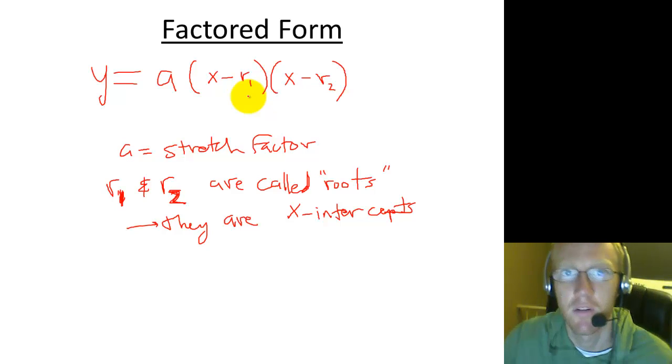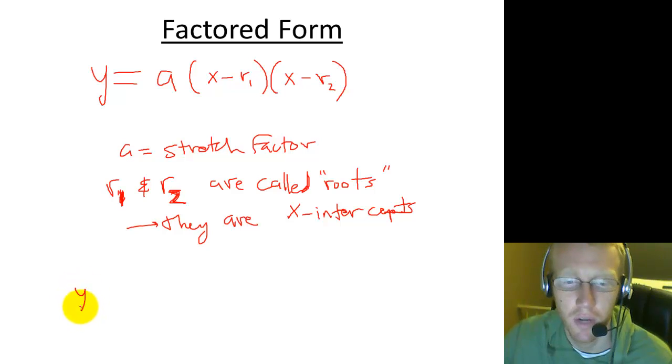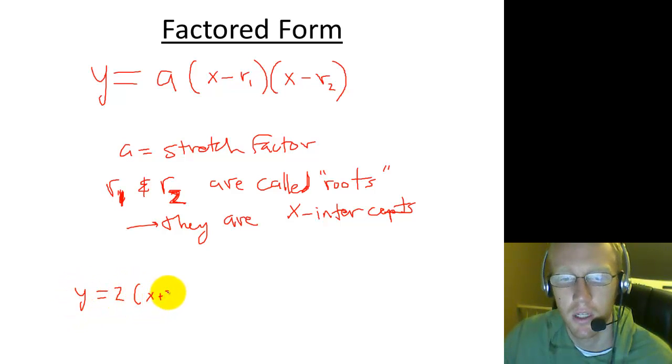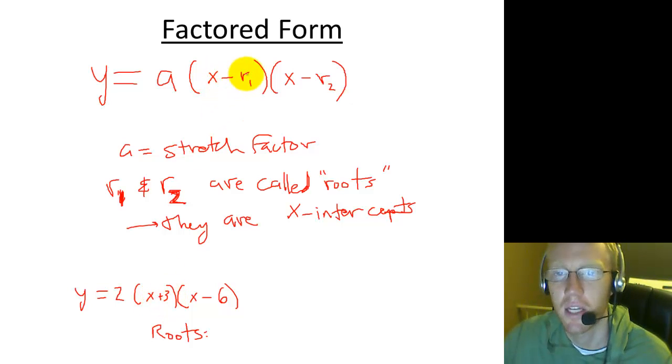And it's very important to recognize that because of this minus sign in the formula, the root itself is opposite sign of whatever number you see. So let me give you a quick example. If you have y equals 2 times x plus 3 times x minus 6, the roots, since it's x plus 3, it's supposed to be x minus r1.